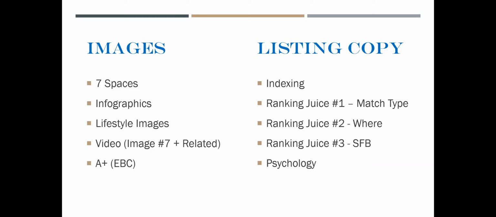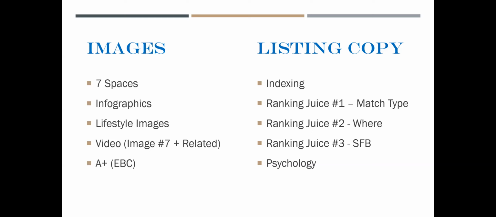Now, we're going to talk about the back end keywords a little bit because you've got a few fields there that do index pretty highly, but Amazon doesn't want you abusing them, and they're starting to take those fields away. You'll notice some categories are starting to remove the ability to add extra lines of subject matter, for example. Subject matter indexes very highly, but people abuse it, and Amazon doesn't like that, so they're going to start removing that. And you already see that.